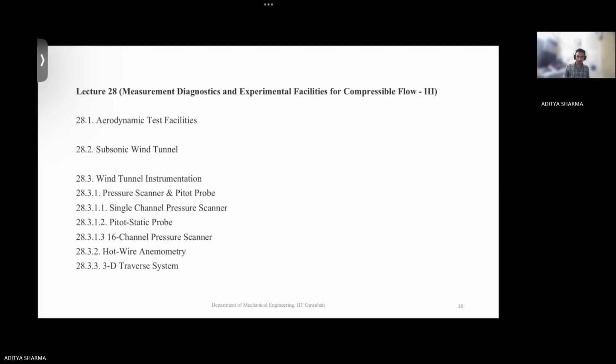So subsonic wind tunnel is there, then wind tunnel instrumentation is there.